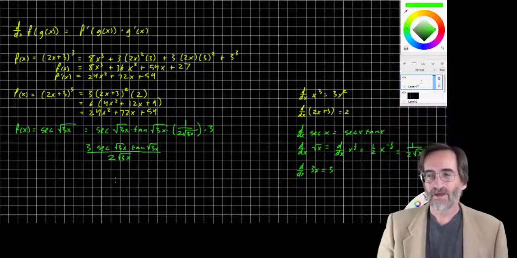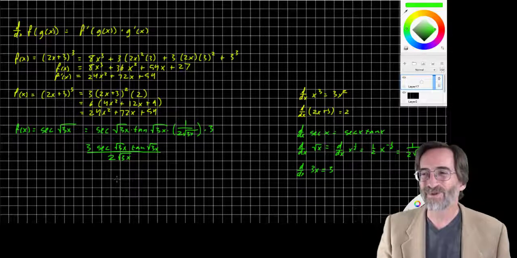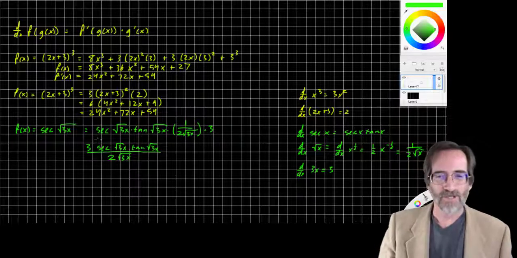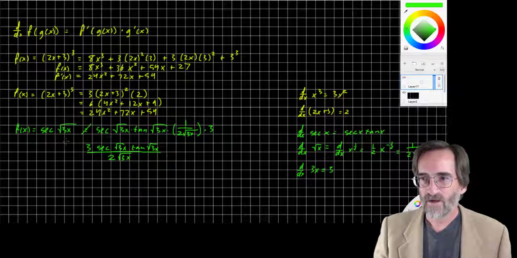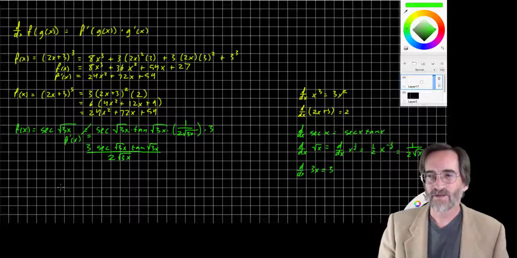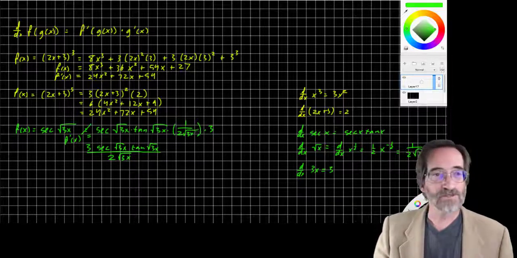Okay? And now you might be tempted to rationalize the denominator by multiplying by root 3x. You could do that. We don't usually do that. So that is f prime of x. I just started taking the derivative. All right, so that's how to use the chain rule in this case.